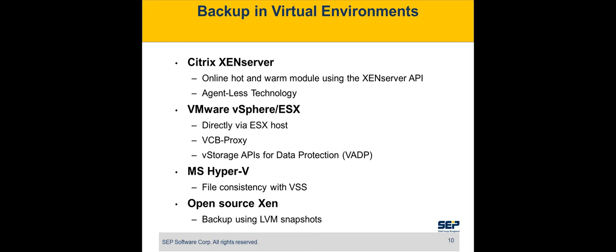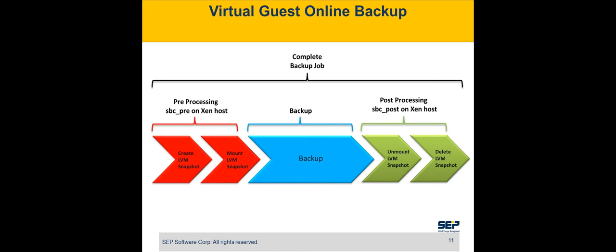We talk Hyper-V. We get file consistency with VSS, whether it's with Hyper-V or VMware or Xen Server. All of the virtualization tools that you install on there have a VSS component. We talk to that VSS component to quiesce those files and give you a valid backup of that information on the server. When we're doing the backup, we take the snapshot, we mount that, and go ahead and back up that system.